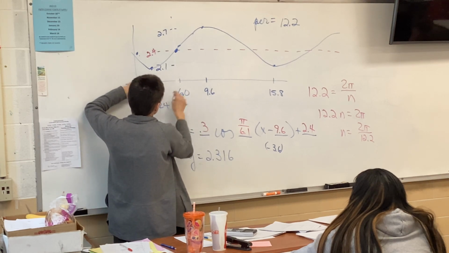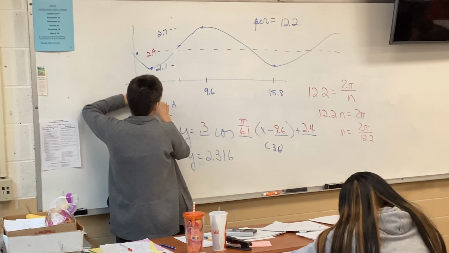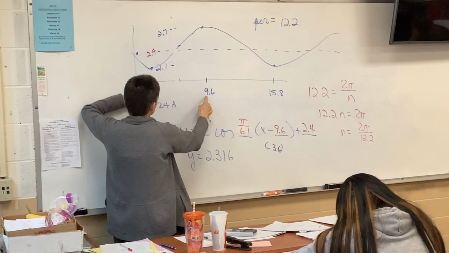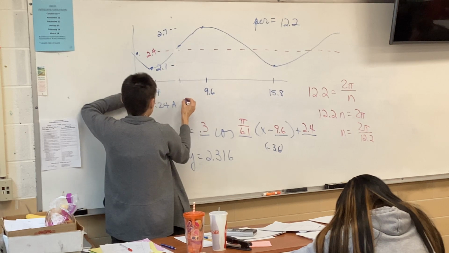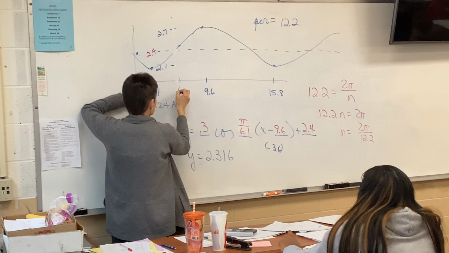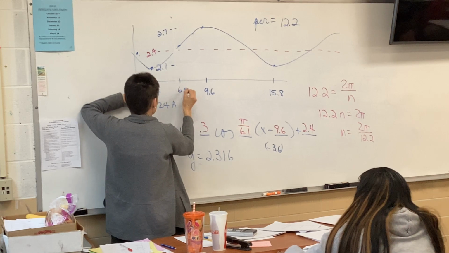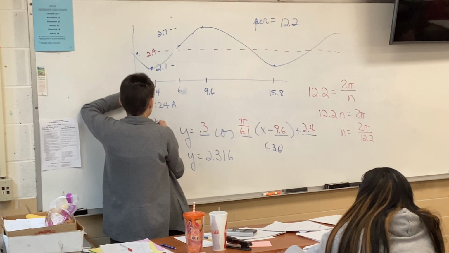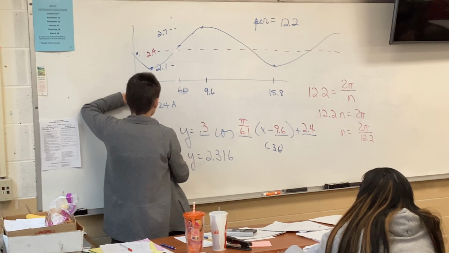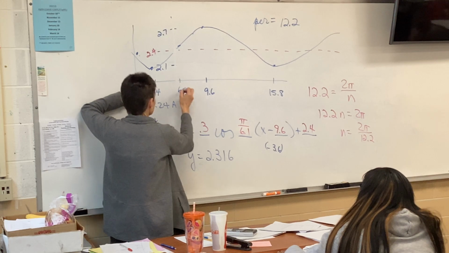But from here to here, the midway point would be, what? 6, right? 6.0? 6.5? Help, what's the midpoint? It's 6.0, right? Thought it was. No, it's actually 6.5.